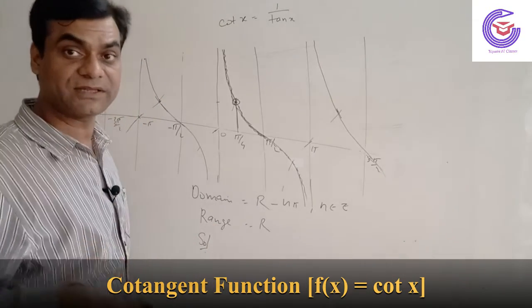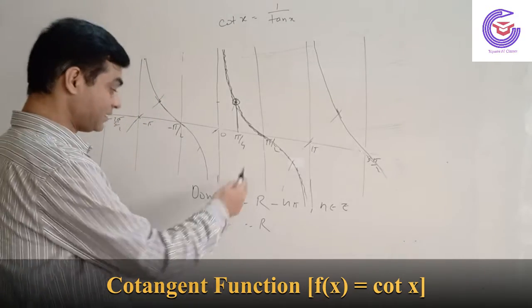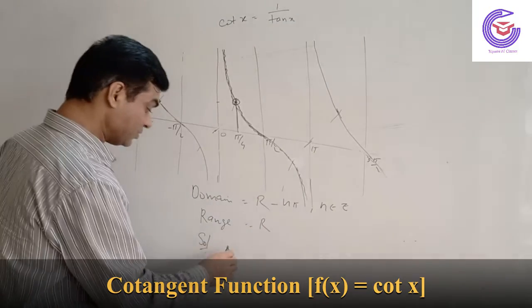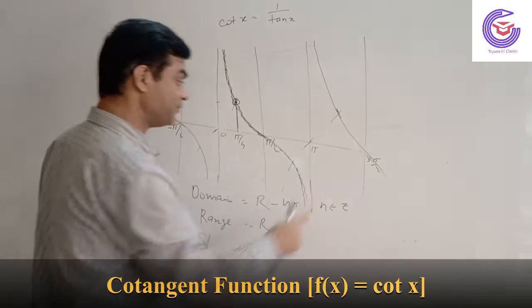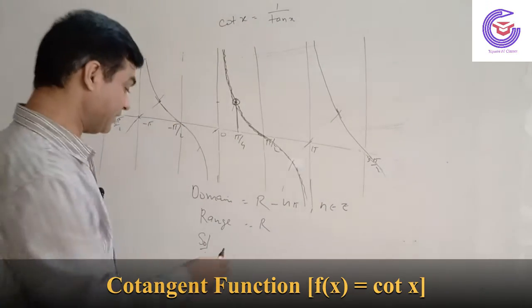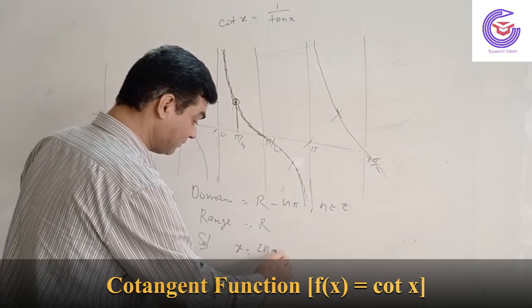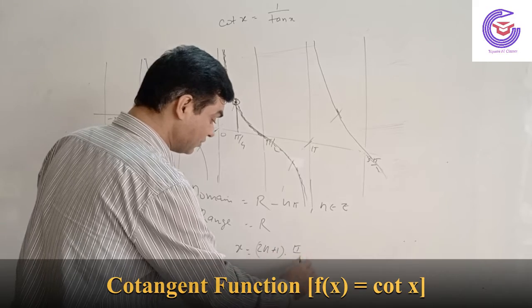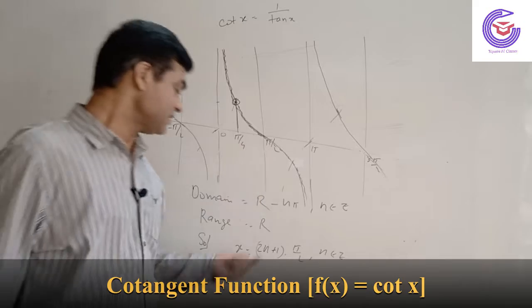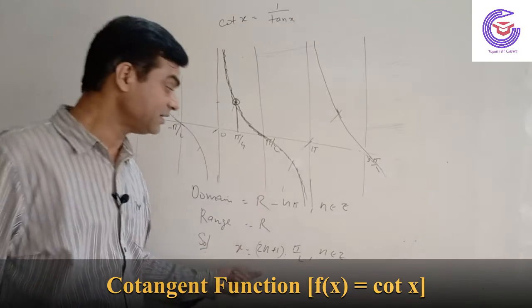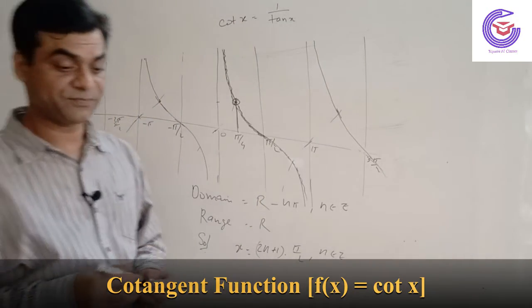What is the value of x when the function becomes 0? That is pi by 2, 3 pi by 2. So odd multiples of pi by 2. So when x is equal to (2n plus 1) pi by 2, where n is an integer, in that case the function becomes 0. So that is the solution of cot x.